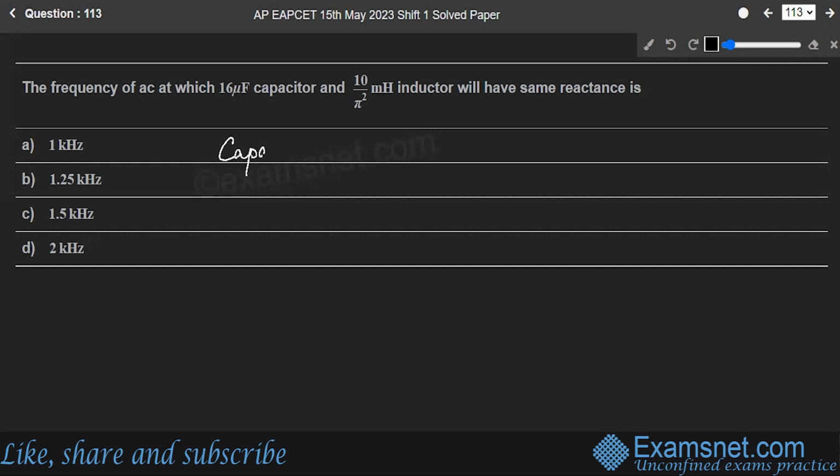So here you have the capacitance C as 16 microfarad and the inductance L is equal to 10 upon pi square mH.